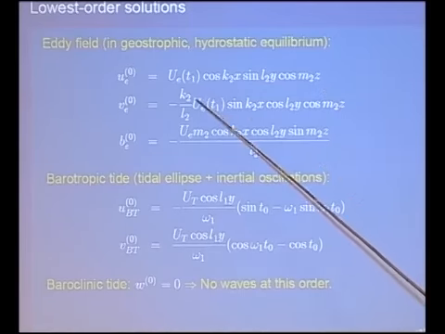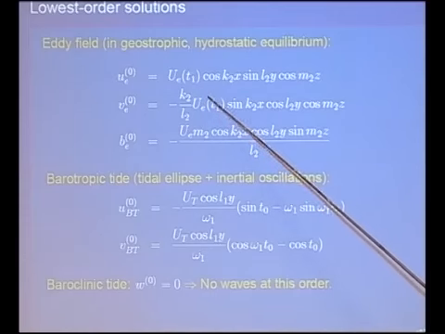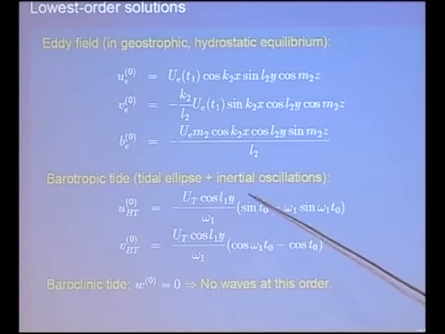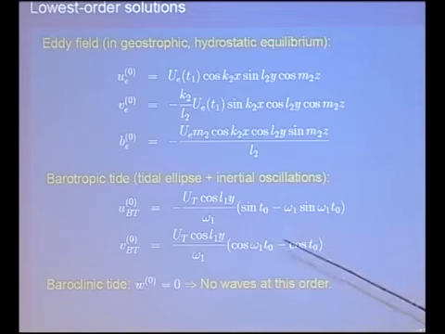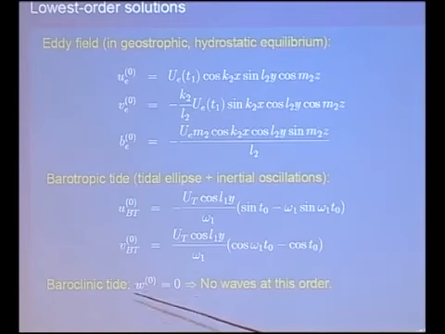And the lowest order solutions, as expected for the eddy field, don't vary much from the initial condition. Coefficients depend on the slow time. The barotropic tide signal consists of a tidal ellipse plus some natural modes of the system, these inertial oscillations.